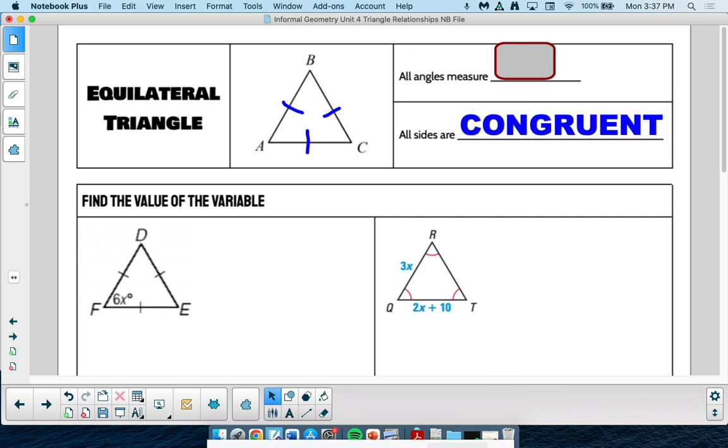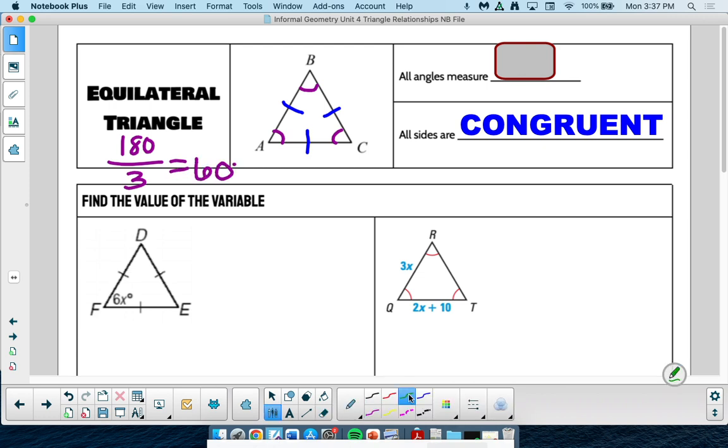That's because they are all congruent. And since all of our angles have to be the same, what do they have to measure? Remember, there's 180 degrees in a triangle, and if I divide it by 3, we should get 60 degrees. So these little angles in here all have to be 60, so maybe you want to write that. These are all 60 degrees because they're all the same measure.